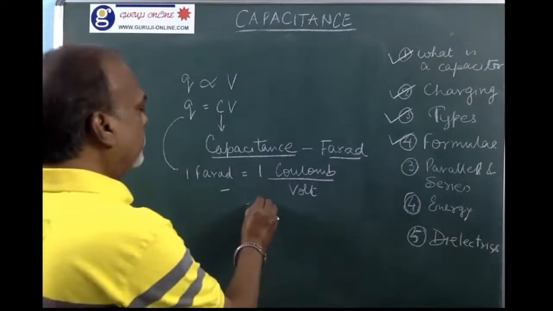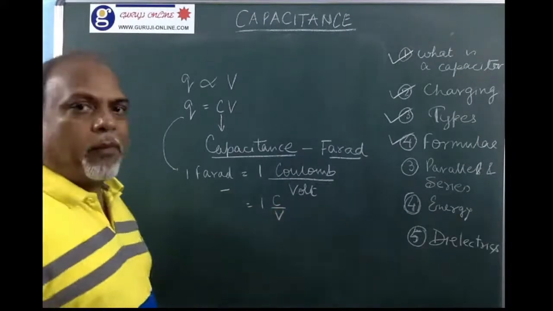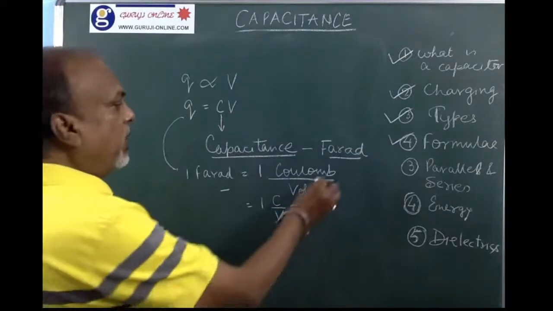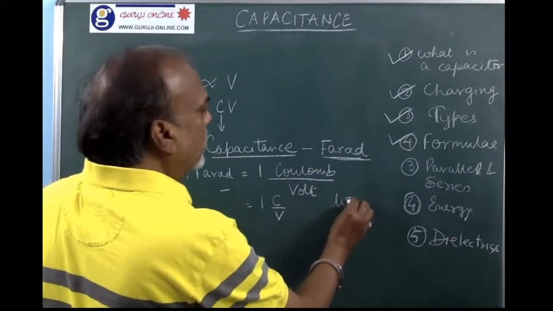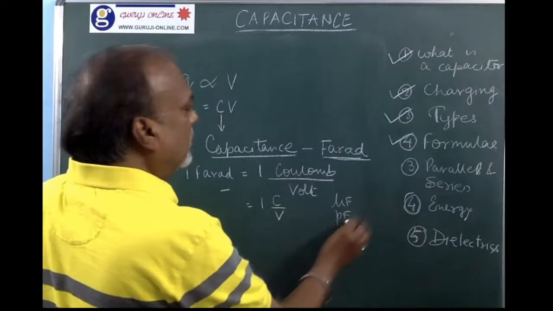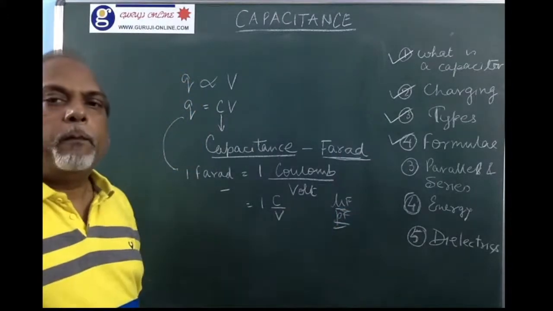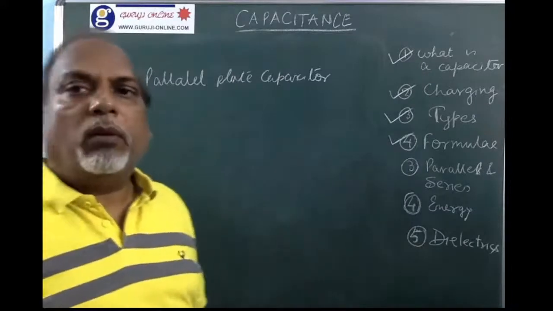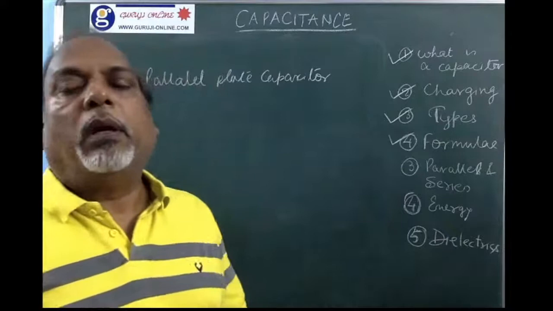Correct. This is a very large unit, so we can use it in microfarad also or picofarad also, depending on the situation. We have seen till now Q is equal to CV.